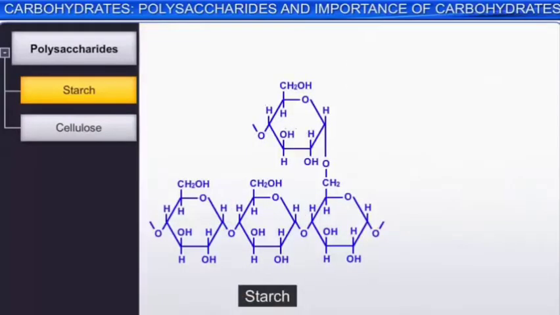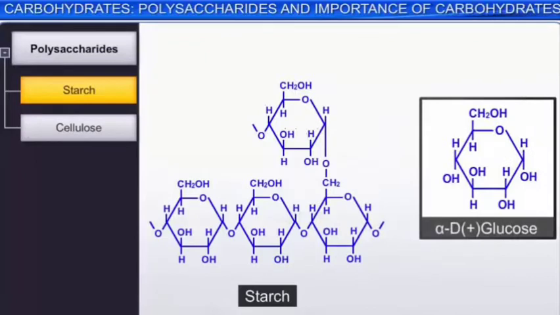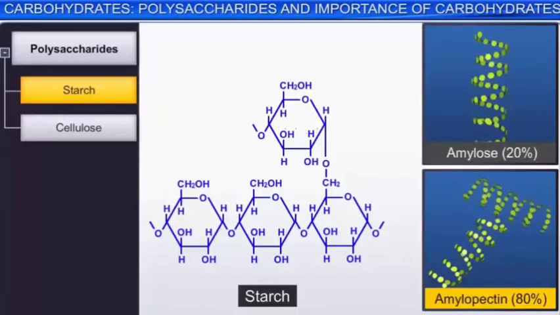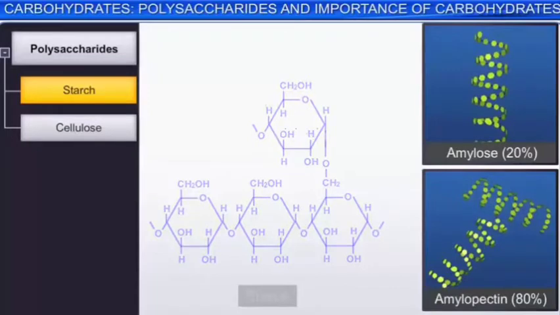Chemically, starch is a polymer of the alpha isomer of D-(+)-glucose. It consists of two components: amylose, which makes up 20% of starch, and amylopectin, which makes up the remaining 80%. These two components differ in their molecular size and shape.